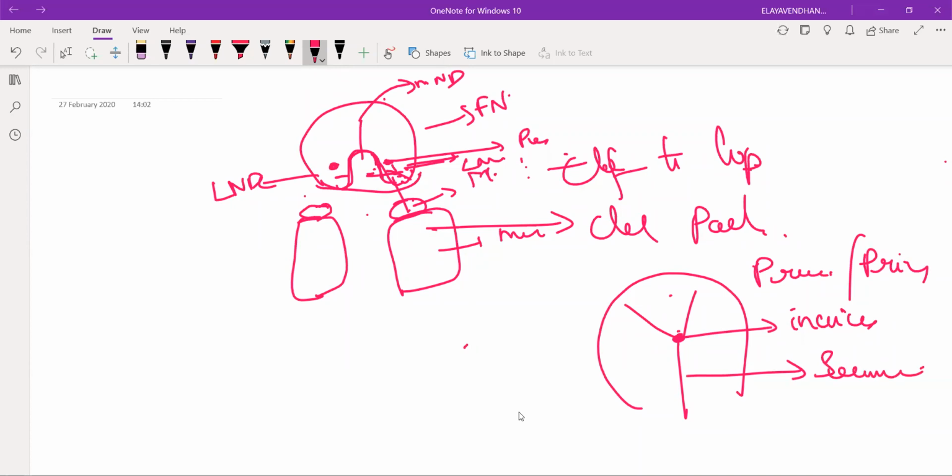When there is failure of fusion of the secondary palate, you get the cleft palate here. When there is failure of fusion of the maxillary process along with the secondary palate, you get the complete cleft palate like this. Bilateral cleft palate is like both sides with a premaxilla hanging separately. This is called the premaxillary structure.